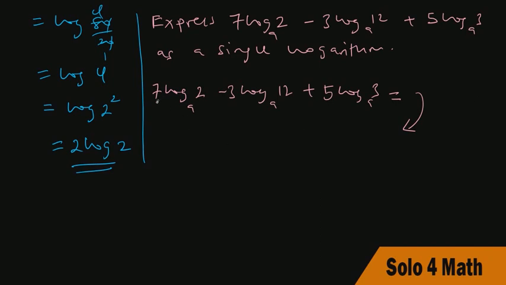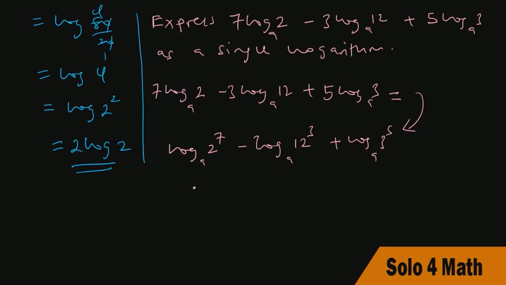To be equal to, we said first thing, take up these coefficients here. So when we take them up, it gives us log 2 to the power 7 base A minus log 12 to the power 3 base A plus log 3 to the power 5 base A.